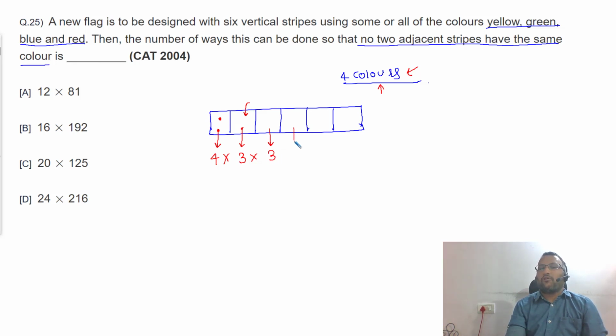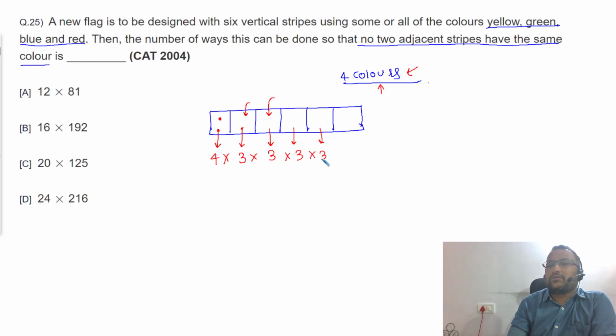For the fourth strip, total 4 colors are available. We cannot use the color used in the third strip, but we can use the colors used in the first and second strips. So out of these 4 colors, only one color we cannot use. So over here 3 choices, and over here again 3 choices, and again 3 choices. So the answer to this question is 4 into 3 to the power 5. So 4 into 3, 12, into 81 is the correct answer. Option A is the correct answer.